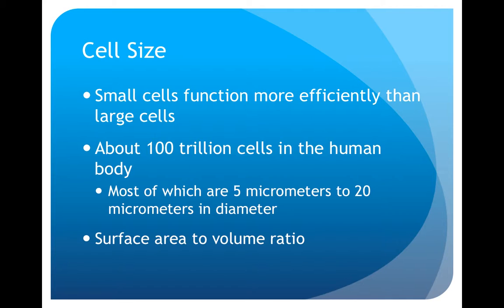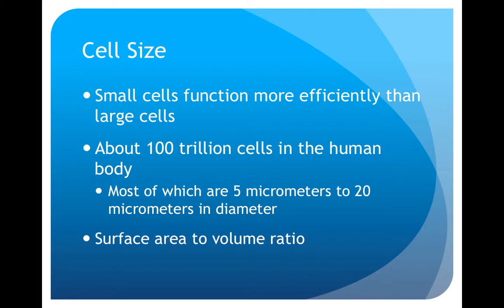Small cells function more efficiently than large cells. You have seen this exact slide last unit. This is how important the cell size is, that it's in 2 different units for you, okay? Don't forget we have about 100 trillion cells in the human body. They are very small, 5 micrometers to 20 micrometers in diameter.